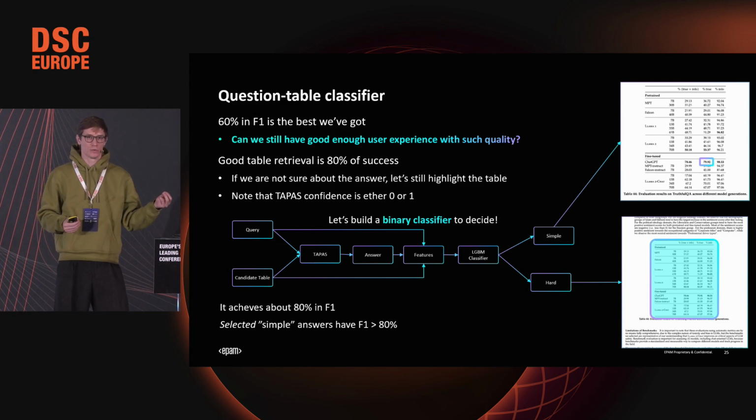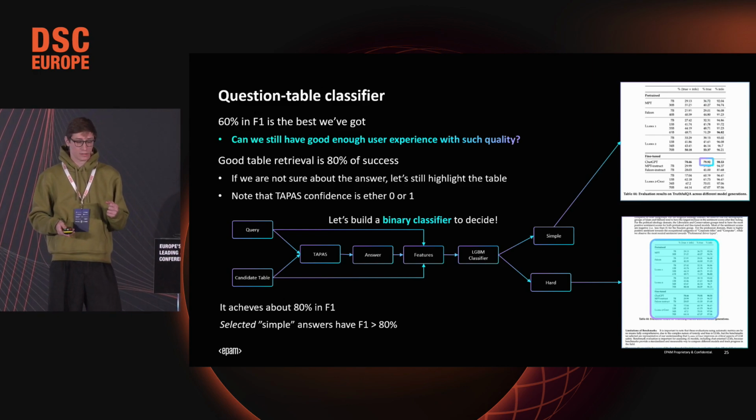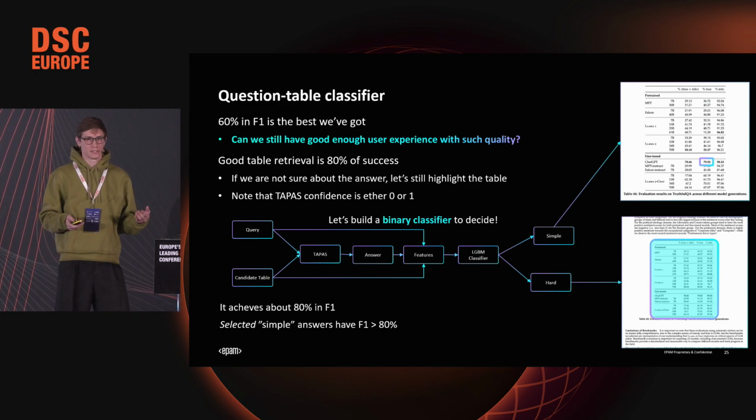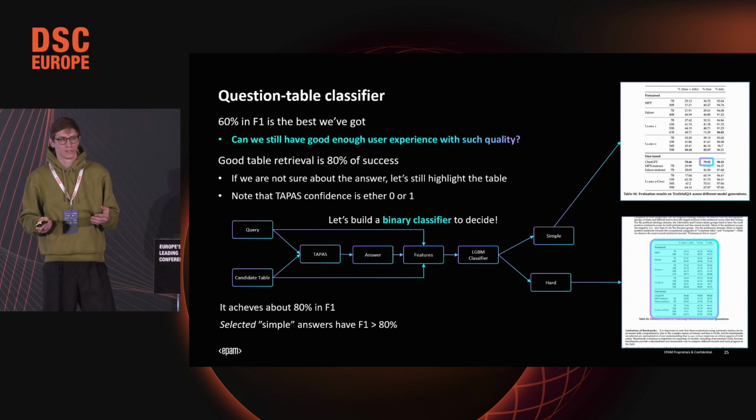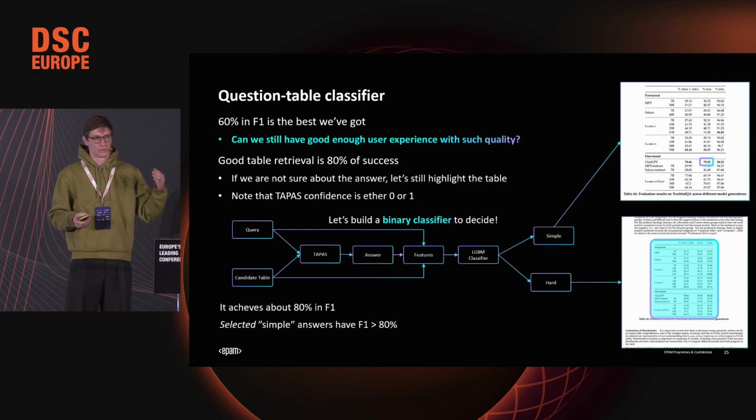For simple questions, we highlight the answer in the table or give a result of aggregation. And this binary classifier works rather well. For answers selected as simple, we are sure that we are getting good enough answers, and overall scores of those are good.